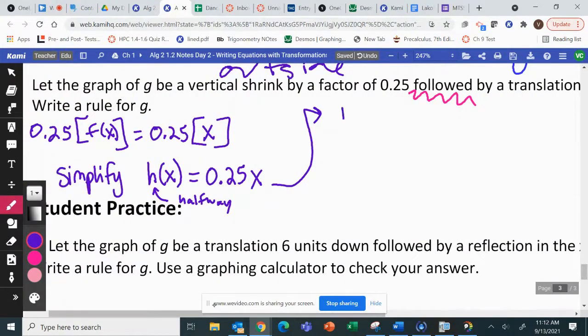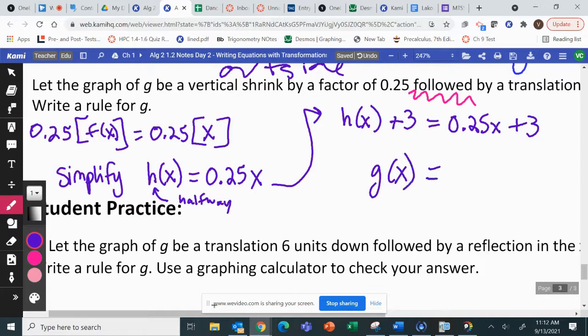So I'm going to take my h of x, which is my halfway equation, and transform that 3 units up. So that goes on the outside. The h of x is 0.25x. Then I have to add 3 to that. Can I simplify anything here? No. So this is just my answer. g of x equals 0.25x plus 3.